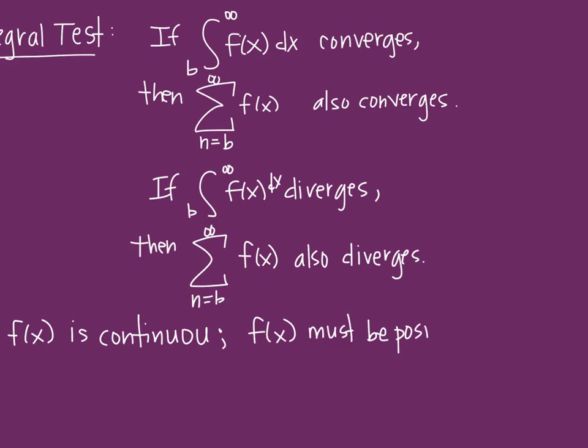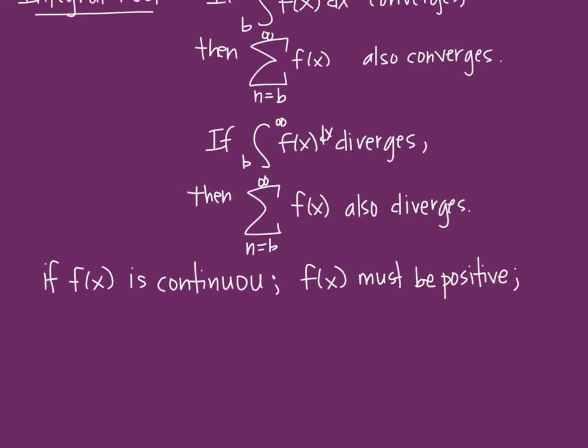In other words, it can't cross the x-axis. And f of x is decreasing. In other words, approaching the x-axis. So it has to be a function that is continuous and all in quadrant 1.